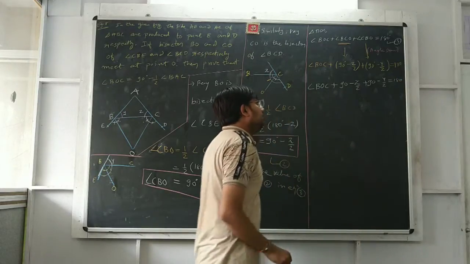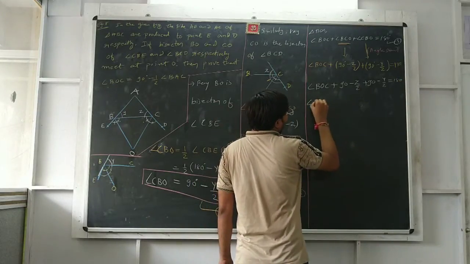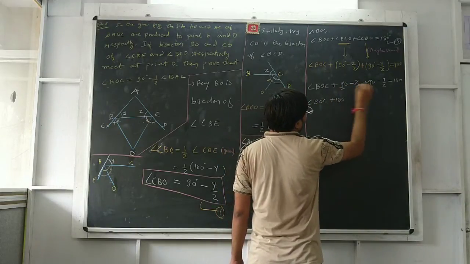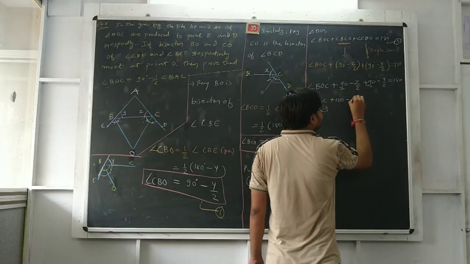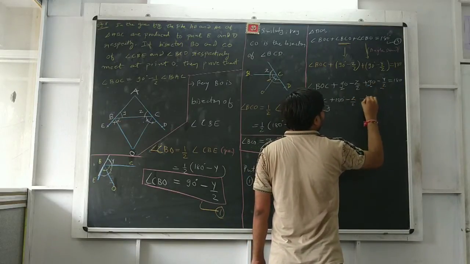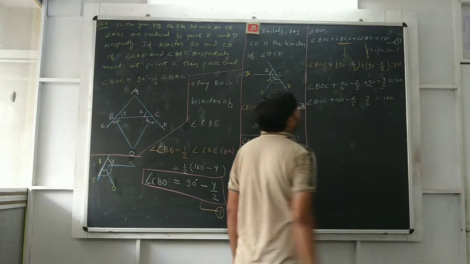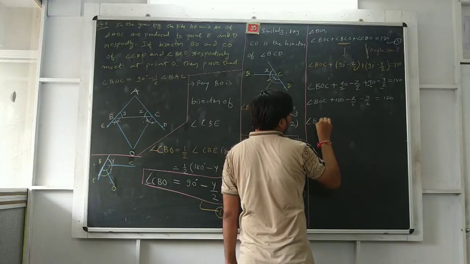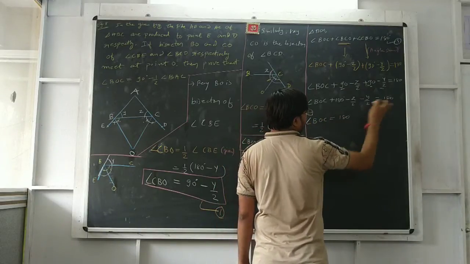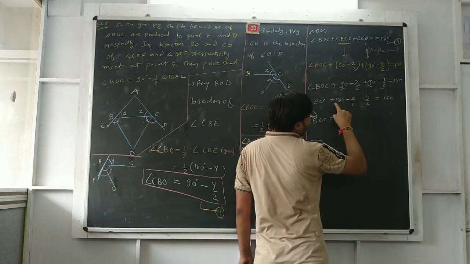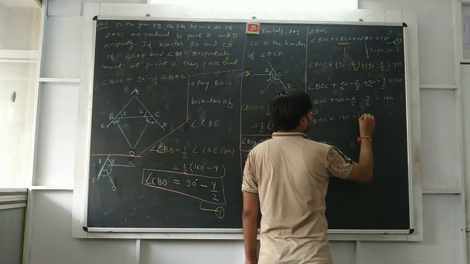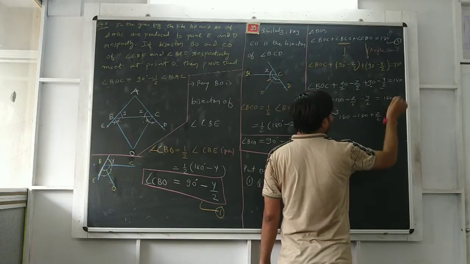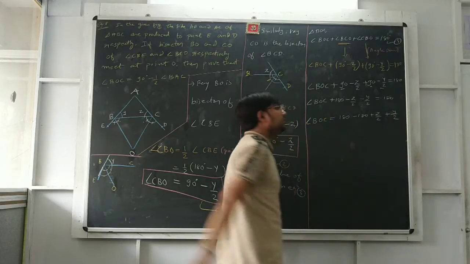Okay? Now I am putting angle BOC plus 90 plus 90, that is 180, minus z by 2 and minus y by 2 is equal to 180. All things to the right hand side, then angle BOC is equal to 180. Here is negative, opposite side positive, y by 2.